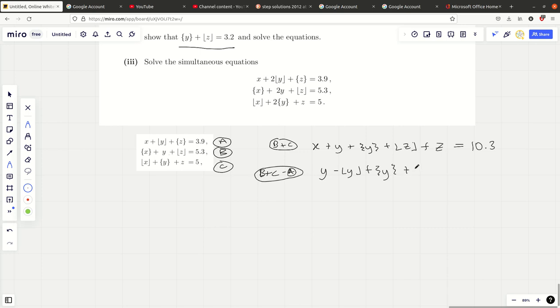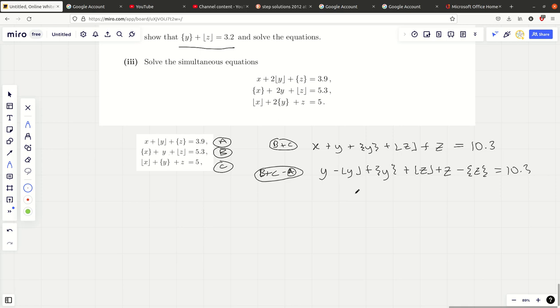Plus, let's just write all this down, plus integer part of z plus z minus fractional part of z equals 10.3. Now remember, z is just integer part of z plus fractional part of z. So the integer part of z and the fractional parts of z are going to cancel.